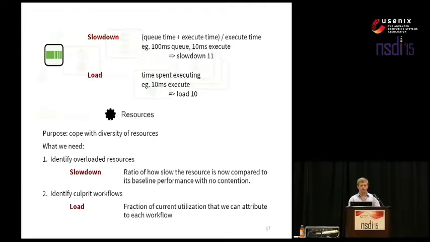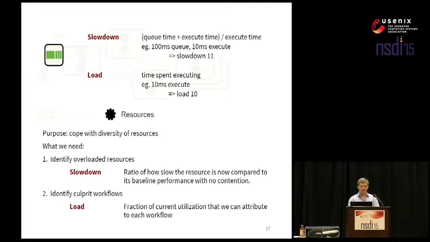The load imposed by a workflow on a queue is simply the total time spent executing after being dequeued. To reiterate, what we need from these metrics is to identify overload, not necessarily to be precise, and also to apportion load.